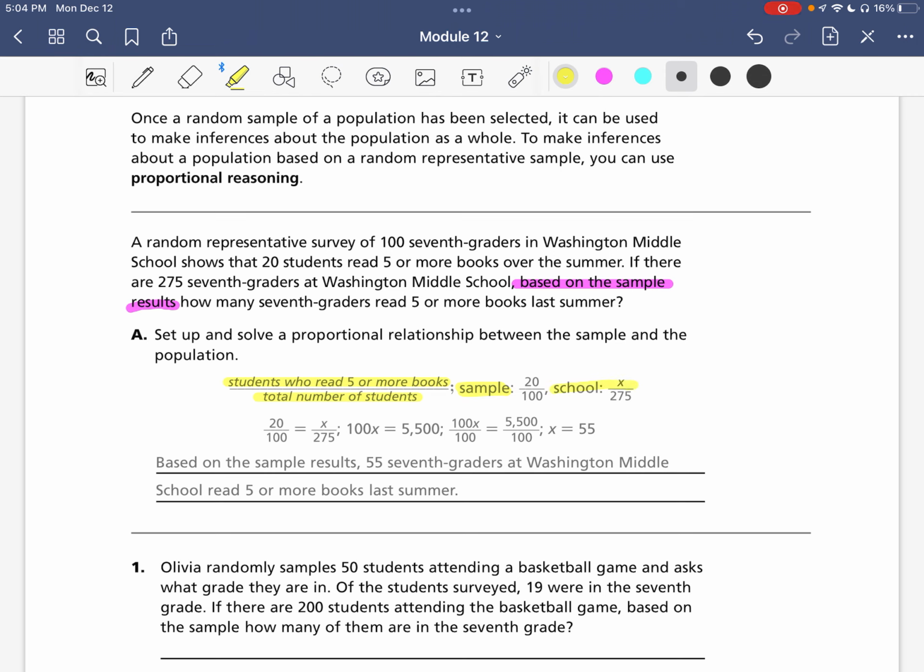So we end up with a proportion like this, where we have 20 over 100 equals x over 275. So we have our part over our whole, and we're comparing what we sampled to the total.